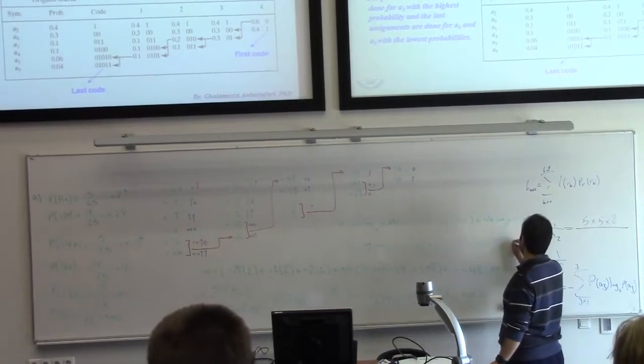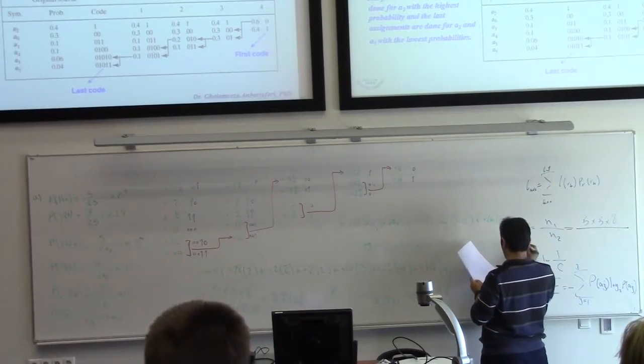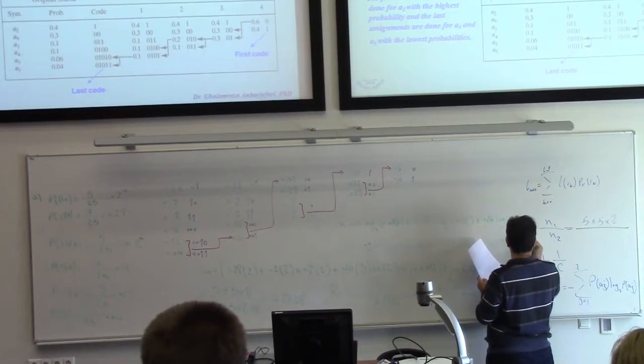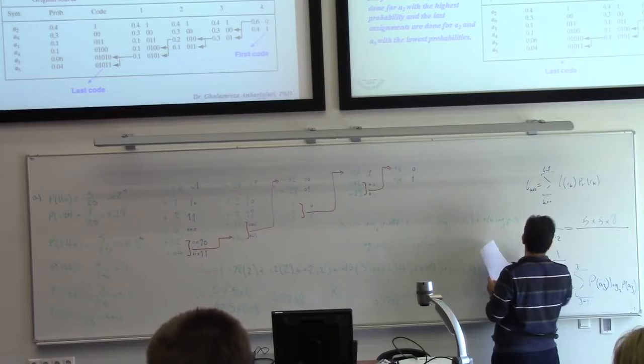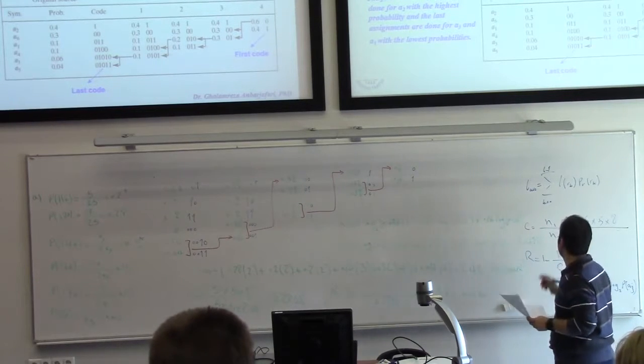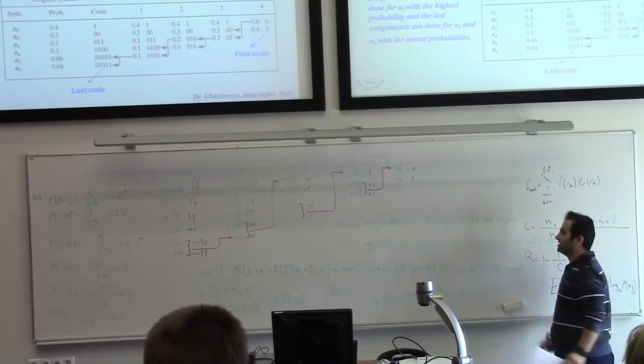And finally we can find the value of 2.188 bit, the unit is bit per pixel.